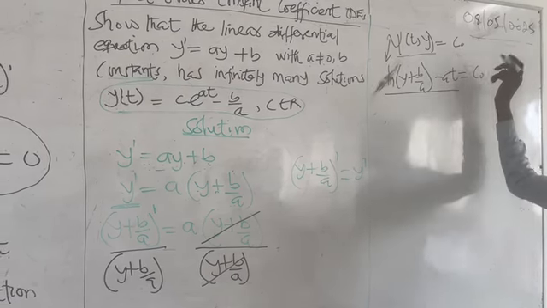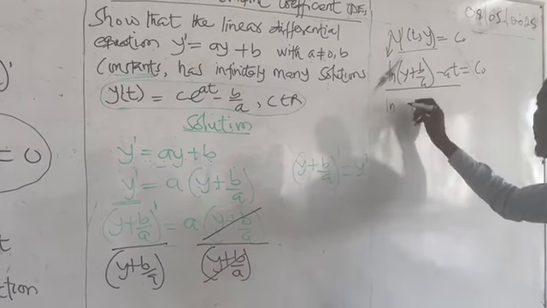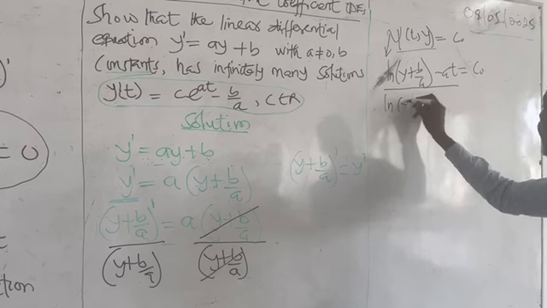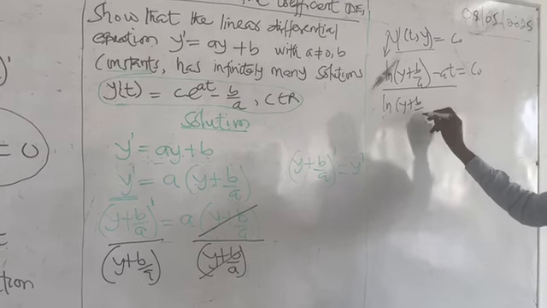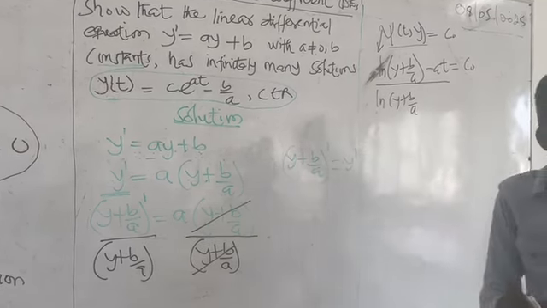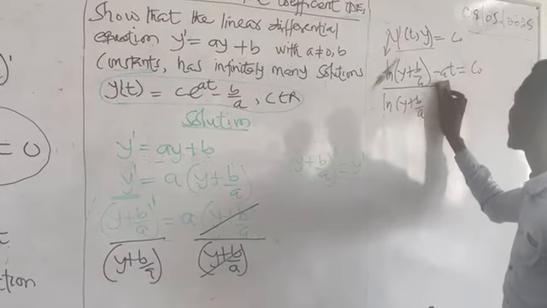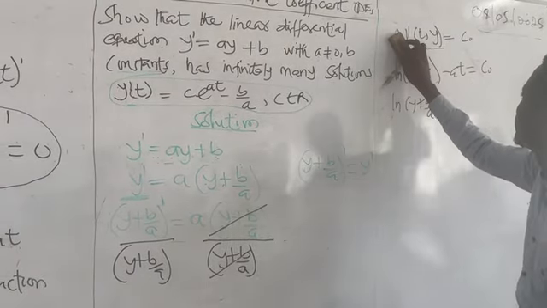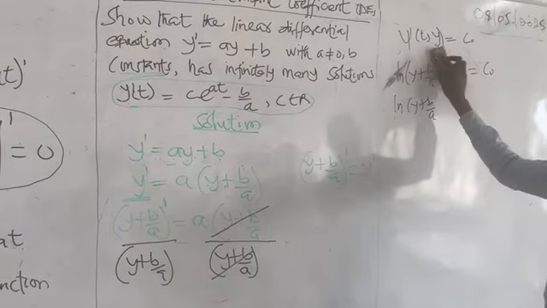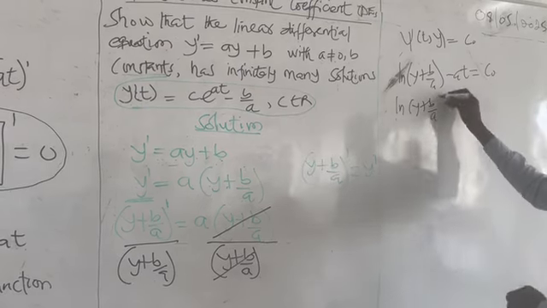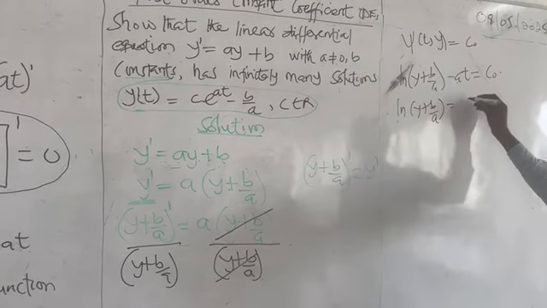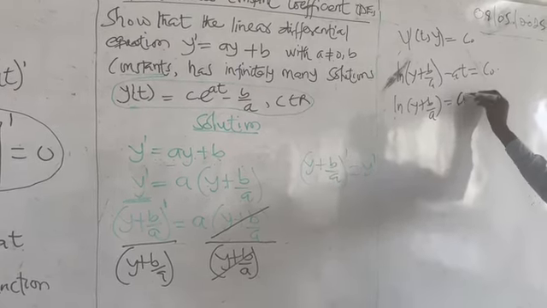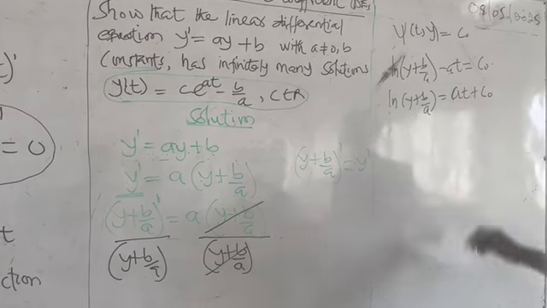So you get the ln of y plus b over a equal to this one crossing to be positive at plus c naught.